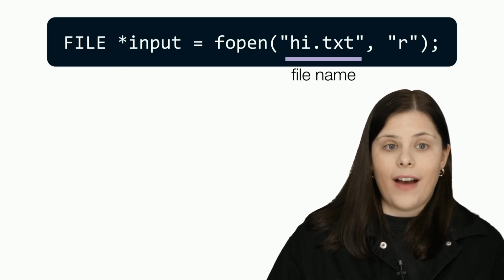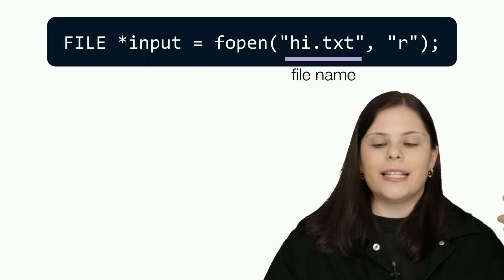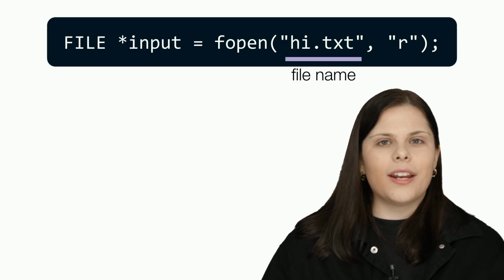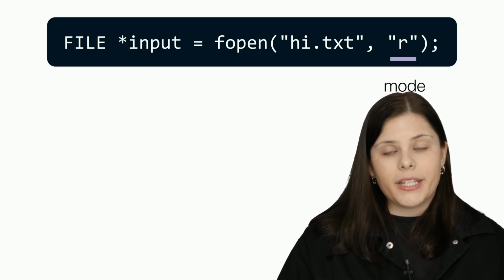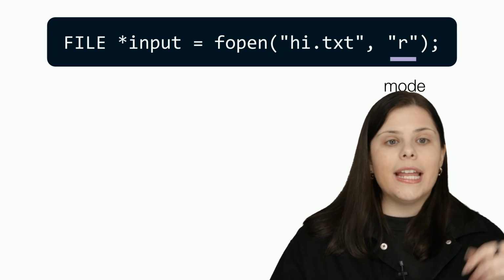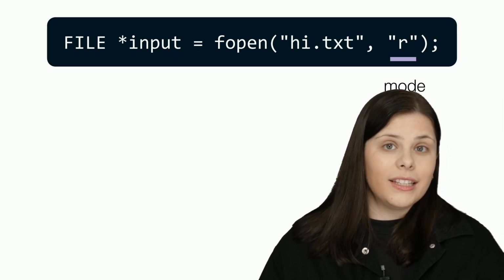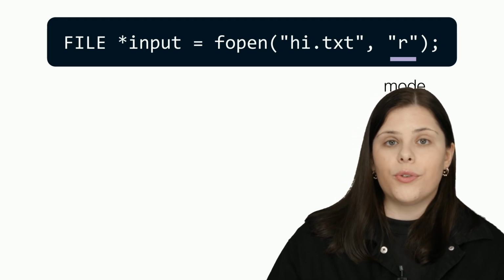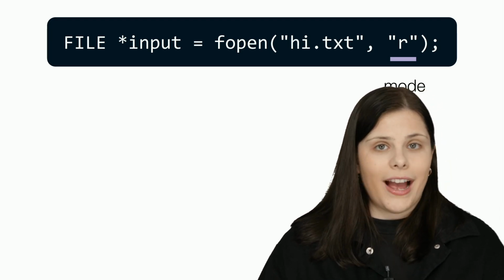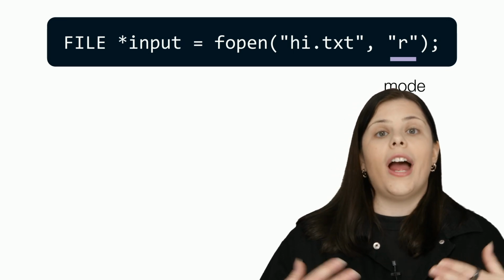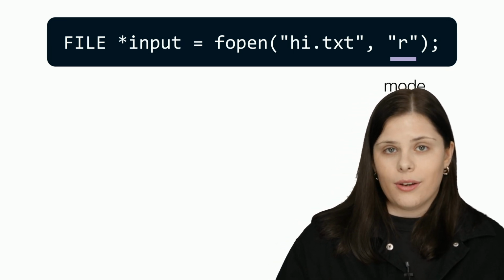First argument is the file name, so hi.txt or test.pdf. It can be whatever file you want to use. Then the next argument is the mode. In this case, what we want to do is just read from the file that we've opened, so we're using r, short for read. If we want to modify the file, or write something into it, the mode we can use is w.